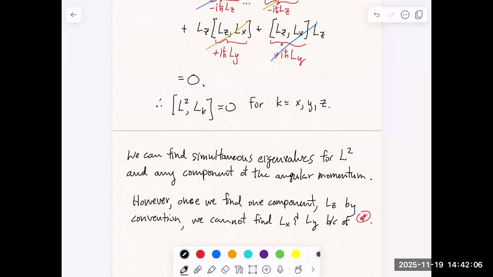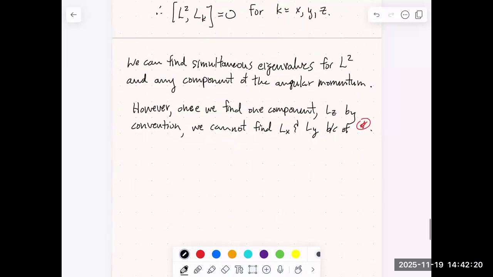Z is a nice choice to make because in our spherical coordinate system, phi controls rotations around Z. So it's a natural variable to use.